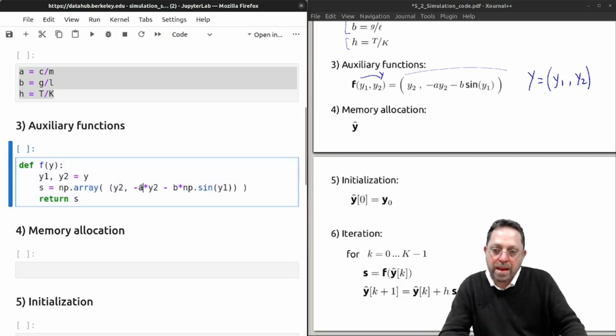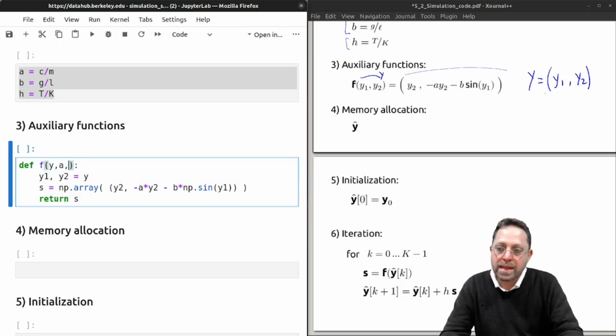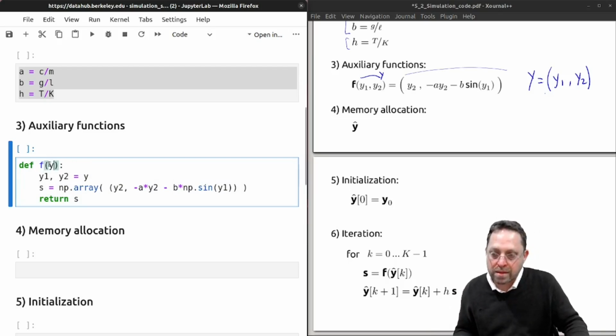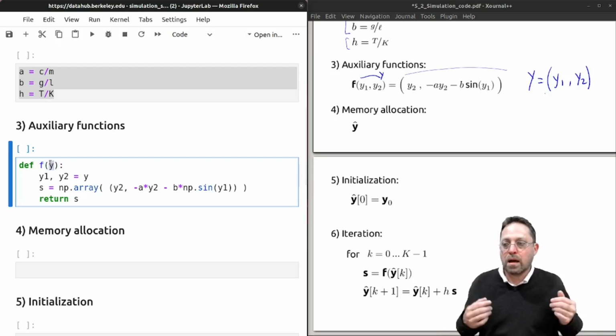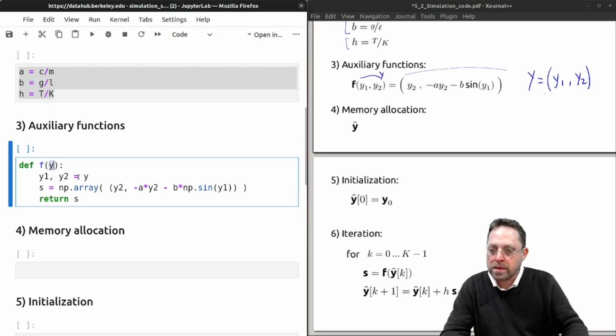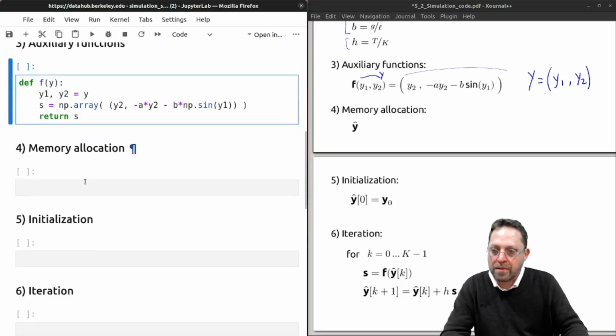So in short, A and B are already available for us here. Now you could pass them in if you wanted to. I tend to not pass in constants, but only pass in as arguments to my functions things that are changing in the iteration. Okay, so that's our function f.